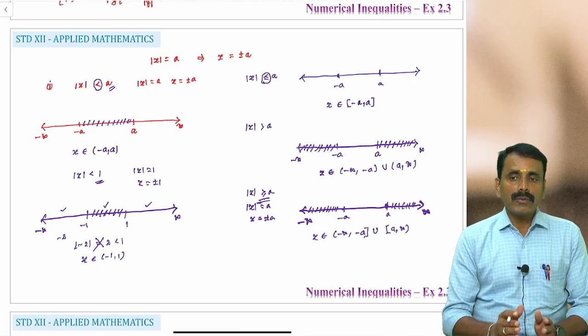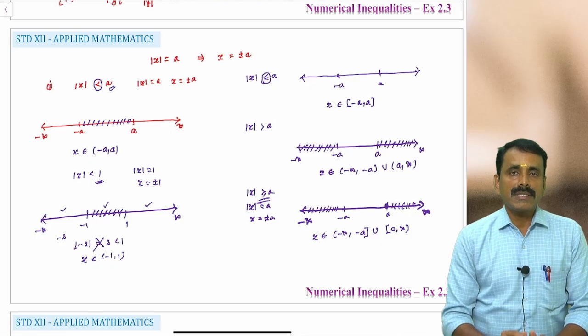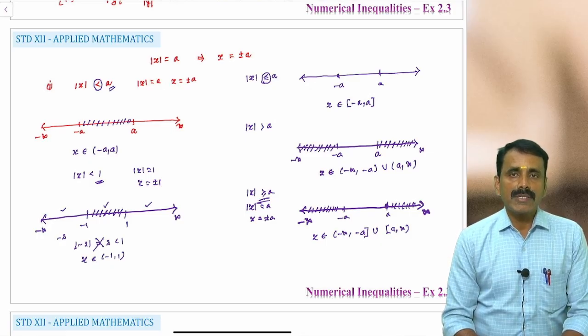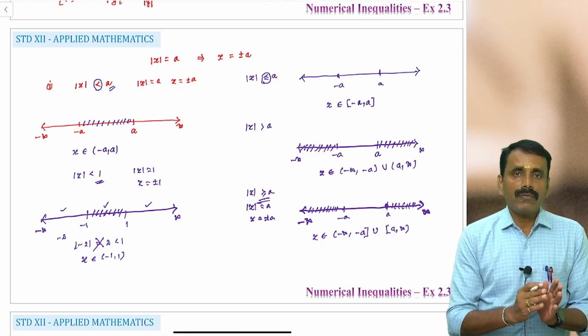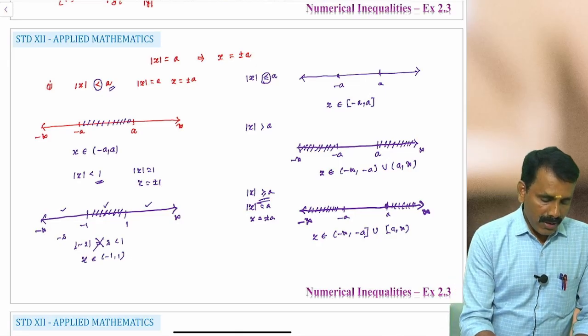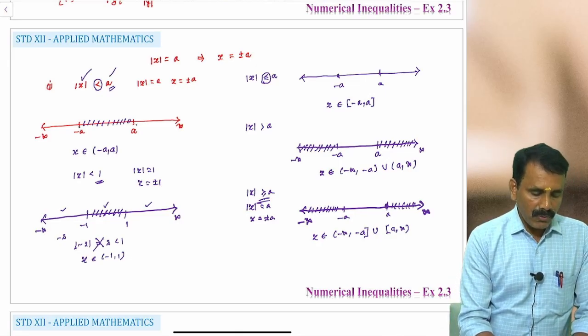So we come to a conclusion now. Whenever modulus of an expression is less than some value, then the solution of that expression will lie within the negative value of the right hand side to the positive value of the right hand side. That is, when mod x is less than a, your x value will lie between minus a to plus a.